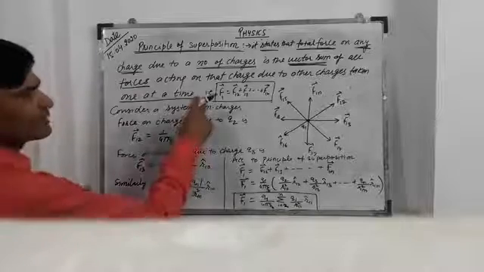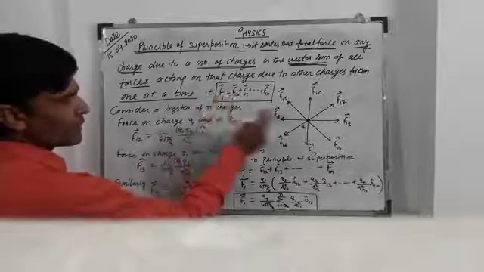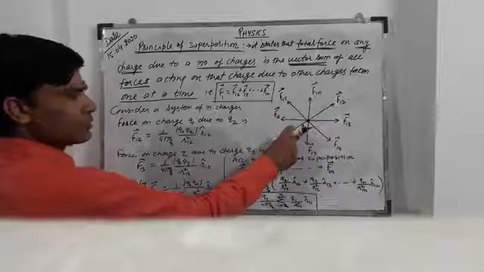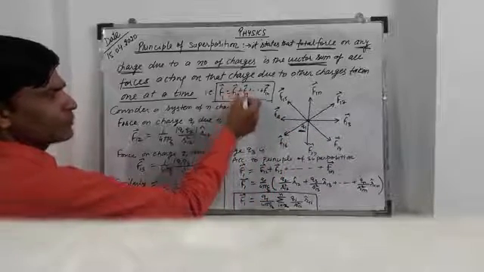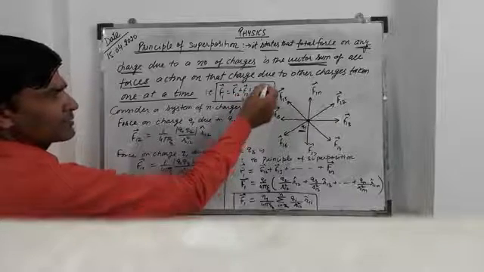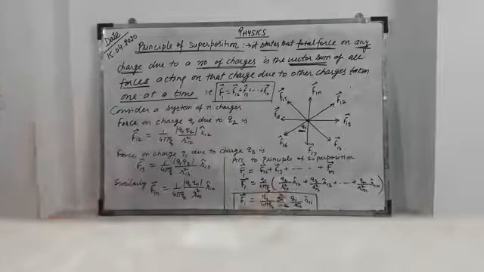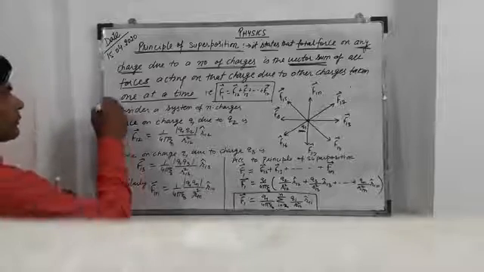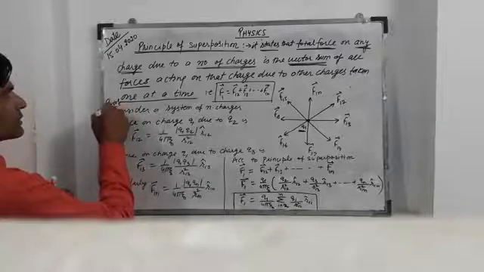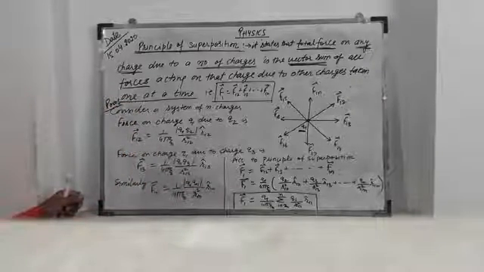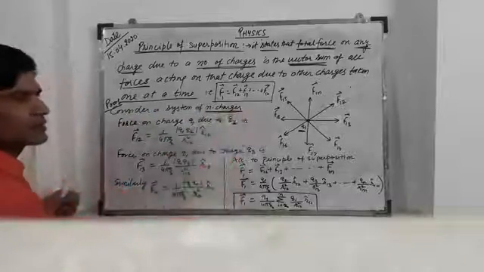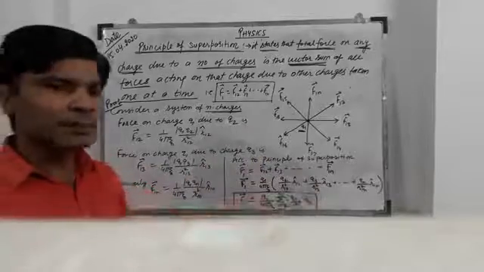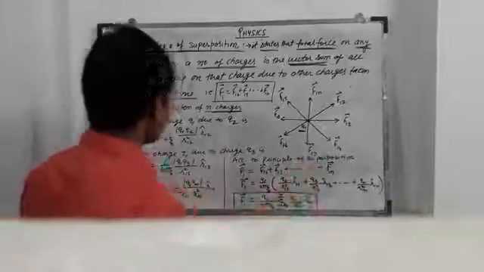In this way, we get F1, the force on charge Q1, equal to F12 plus F13 plus up to F1n. The proof of this principle: consider a system of n charges, represented by this diagram.